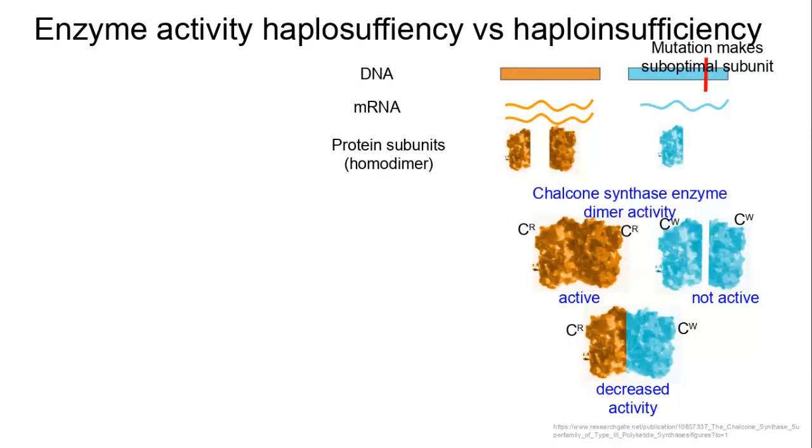Okay, so here's where we stopped on Wednesday. In the case of haploinsufficiency, I'm representing the DNA sequence as a box, and the orange one is the allele that encodes a functional subunit. You could have one strand of DNA and make 2 mRNAs out of it, and each mRNA be translated once. That's not necessarily true.